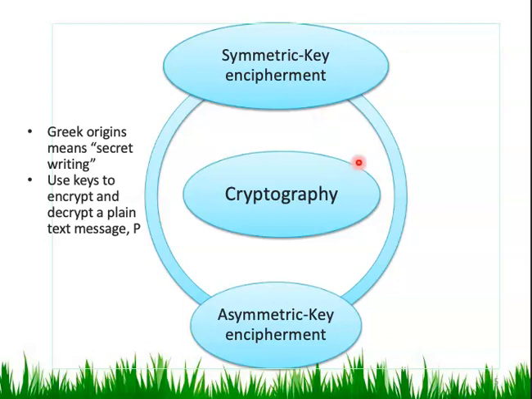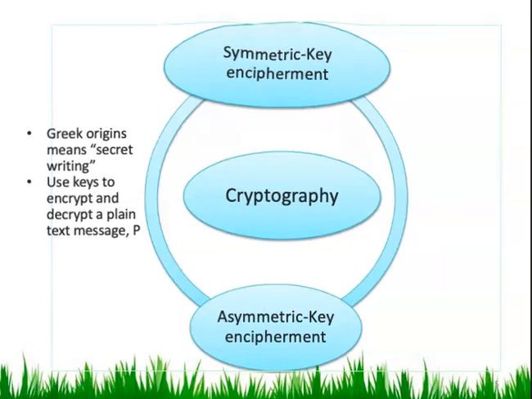Today, it is defined as involving three different mechanisms: symmetric key encipherment, asymmetric key encipherment, and also hashing. Hashing is another cryptographic technique in which a message digest of fixed length is created from a variable length message, but it is beyond our syllabus. So for our syllabus, we're going to look into symmetric key and asymmetric key encipherment.